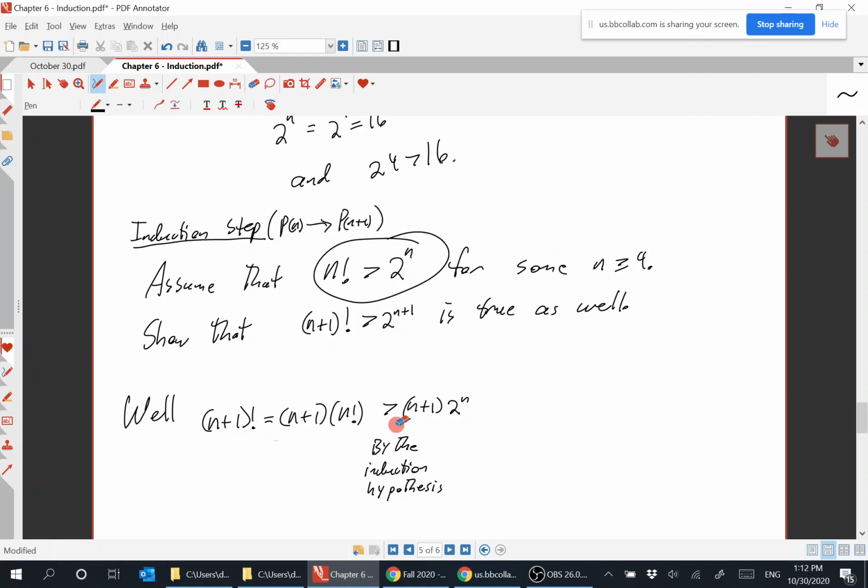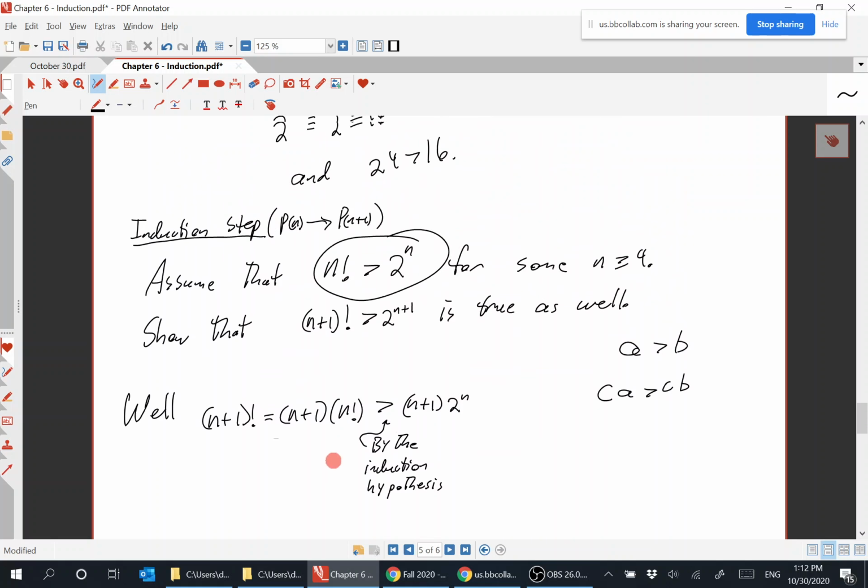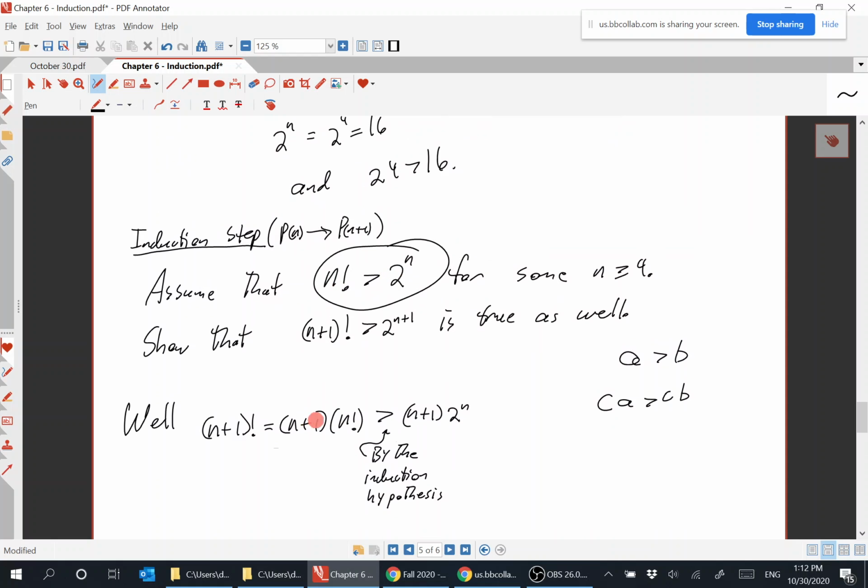So by the induction hypothesis, n plus 1 times n factorial is bigger than n plus 1 times 2 to the n. Here a is bigger than b, so when c is a positive number, c times a is bigger than c times b. Well, what's n plus 1? n plus 1 is bigger than or equal to what?